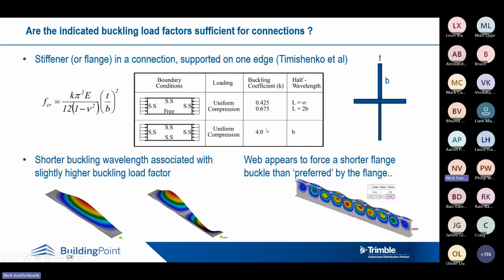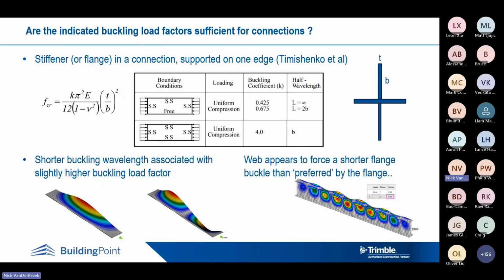And something that's important here, I think, to recognise is that the buckling half wavelength for a web type situation is the depth of the section, or the net depth of the section. So we see that the section likes to buckle with a half wavelength approximately equal to the web depth. And this is forcing the flange, because it's an assembly of plates, to buckle in sync.